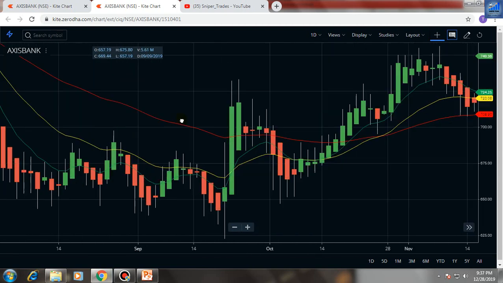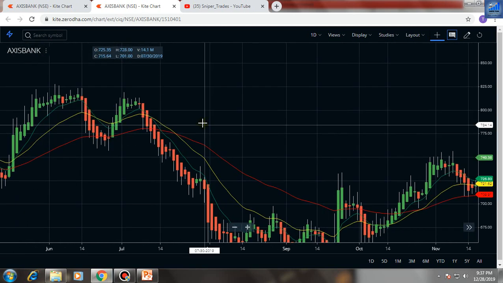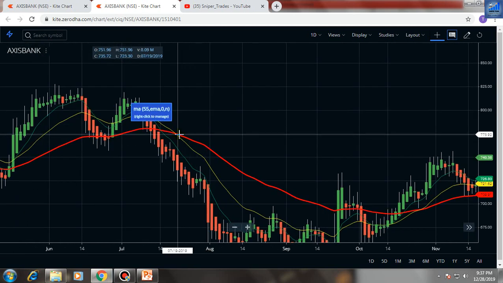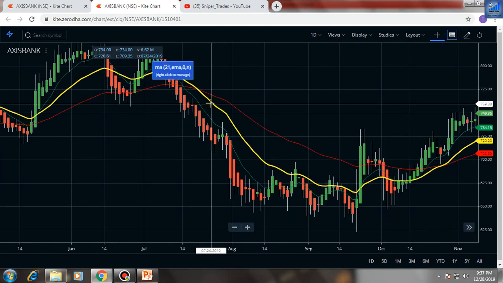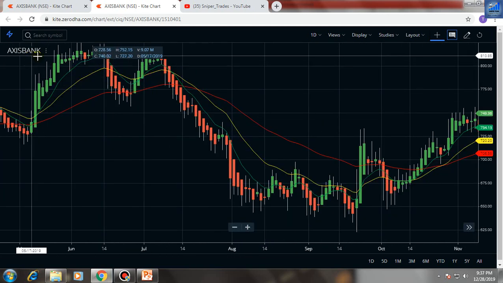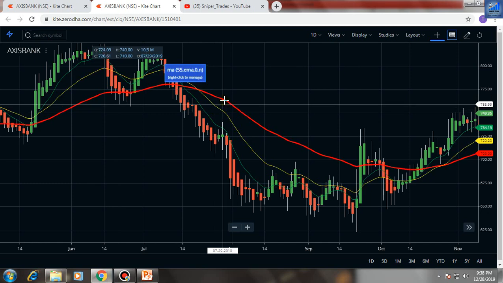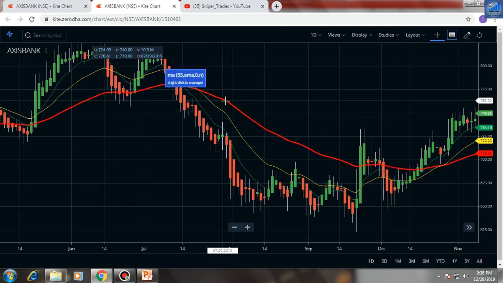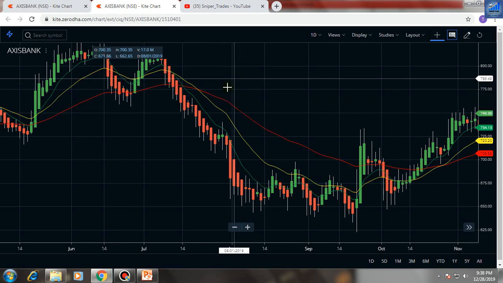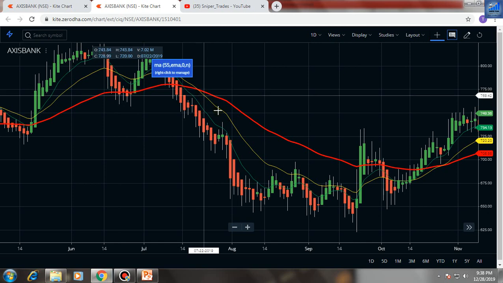And here look, if this yellow line is crossing below this red line, it means that 21 days back people bought Axis Bank shares at a lower price compared to 55 days back, which means that recently the demand for Axis Bank shares is less as compared to 55 days back, which means the price is now moving in a bearish direction.